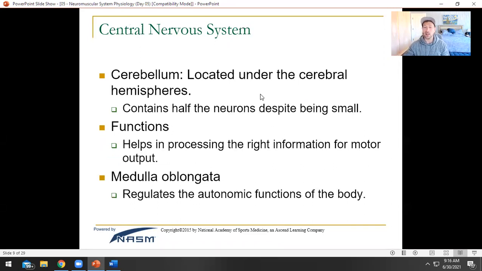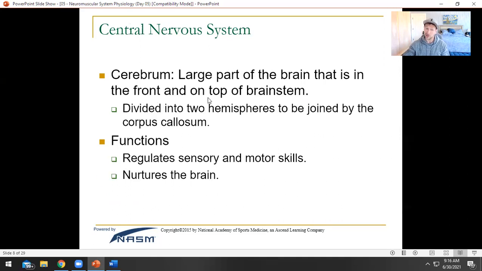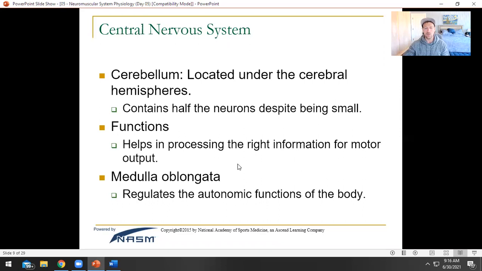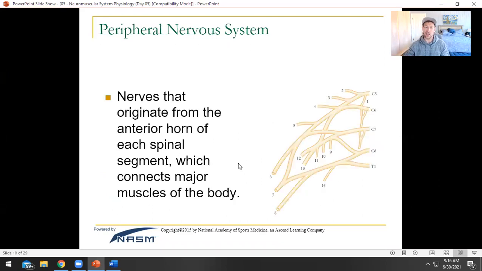We've also got your cerebellum, which is basically below that. And a lot of your neurons are actually located in the cerebellum, even though it's very small, because this is eventually going to go into your brainstem. And so this is actually processing the information that you gathered in your cerebrum, which is kind of cool. Your medulla oblongata, traveling even further backwards, is what will eventually travel all the way down the spine.